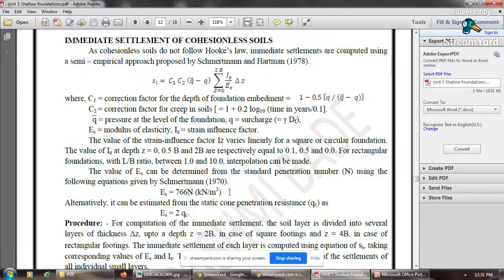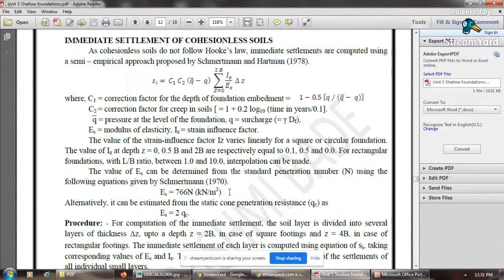Si equals C1 C2 (q bar minus q) summation from z equals 0 to 2B of Iz upon Es delta z, where C1 equals the correction factor for the depth of foundation embedment, 1 minus 0.5 q upon (q bar minus q). C2 equals the correction factor for creep in soils, equals 1 plus 0.2 log to the base 10 of time in years upon 0.1.